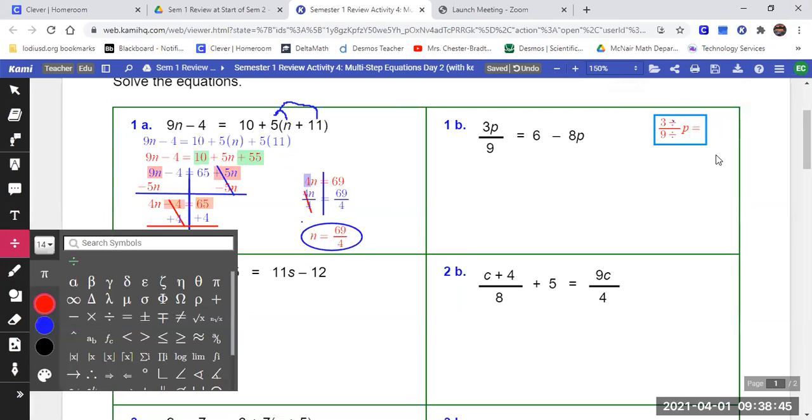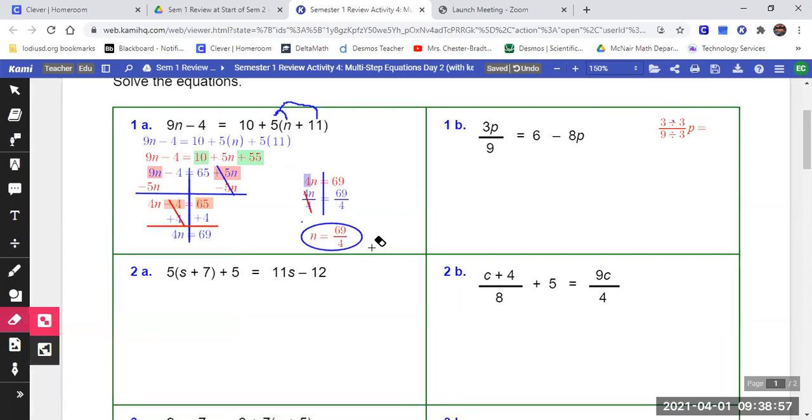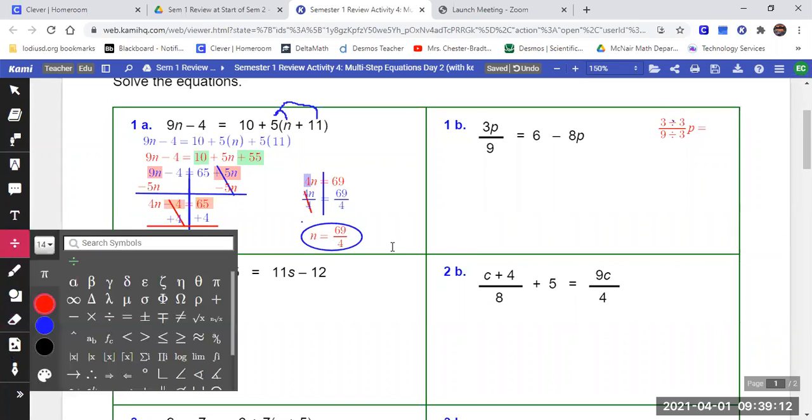Okay, we're going to simplify the fraction by dividing the top by 3 and the bottom by 3 and getting the new fraction of what? If I divide the top by 3, what number do I get? 3 divided by 3 gets me a 1. Okay. And then 9 divided by 3 gets me what? 3.